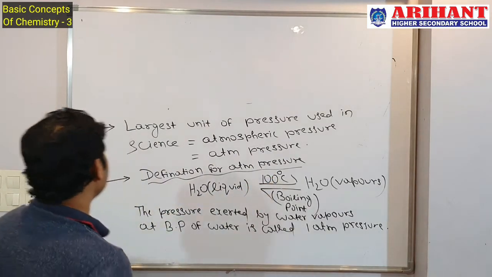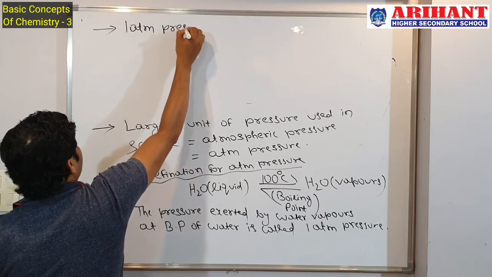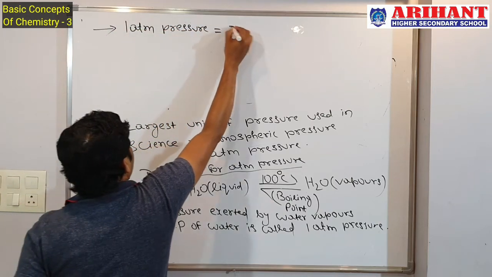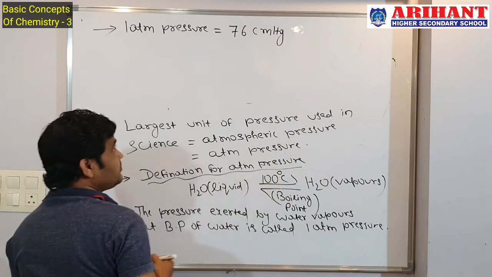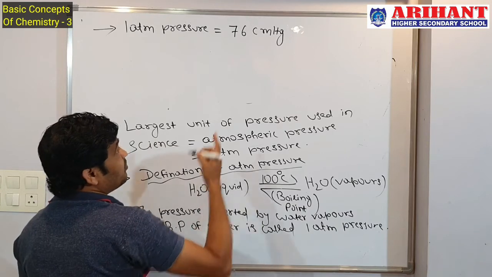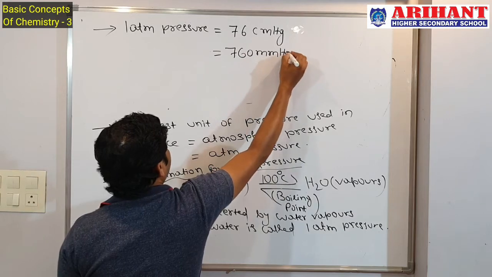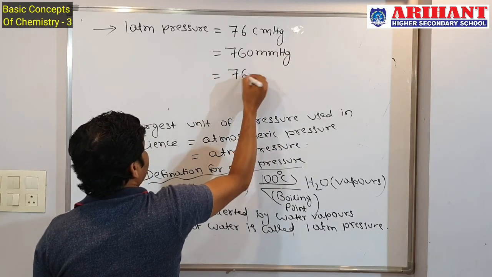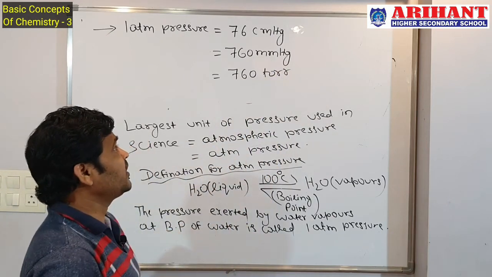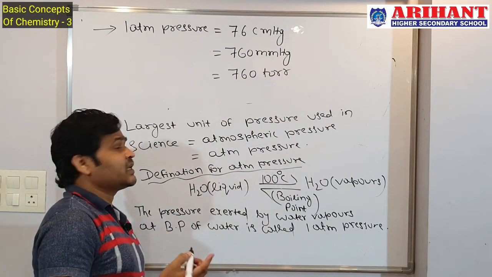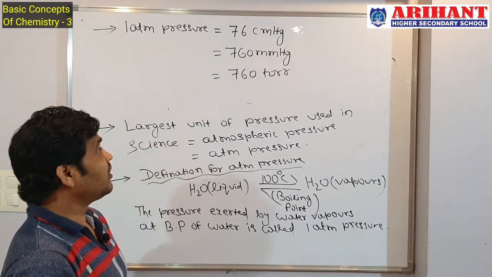Hence 1 atm pressure is nothing but 76 centimeter mercury column, 760 millimeter mercury column, 760 torr, because 1 millimeter mercury column exerts a pressure in barometer called torr.